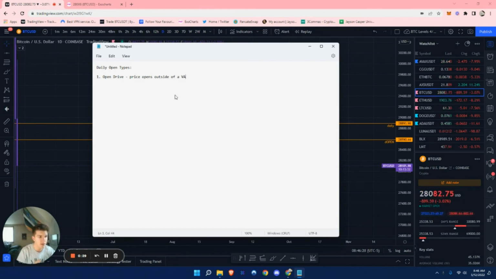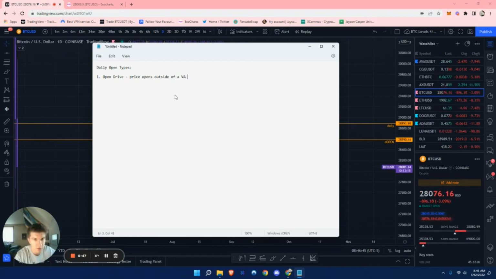I like to use the previous day candle value area, so it can be a previous day value area low or value area high, depending on whether you're looking at a short or a long.